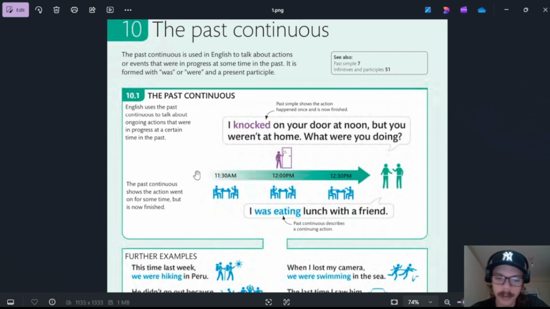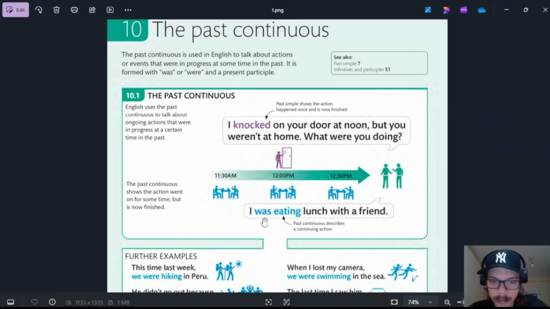Now let's focus on what's new, which is the difference in terms of the structure. What you can see in the simple is what we reviewed previously in other videos. You only have one verb, and that verb is in the past. In this case, knock is regular, so you add the ed, and you're left with knocked as the T sound at the end.